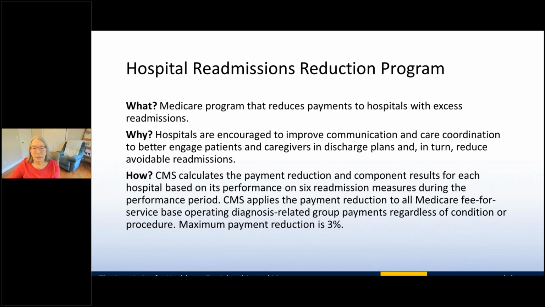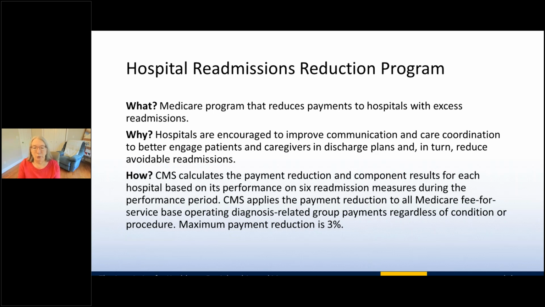So what CMS does, a little different than what the commercial payers do, is they look at a couple of years worth of data and they calculate a payment reduction for the hospital based on that hospital's performance in the prior 2 or 3 years. They have 6 readmission measures that they look at during that performance period.